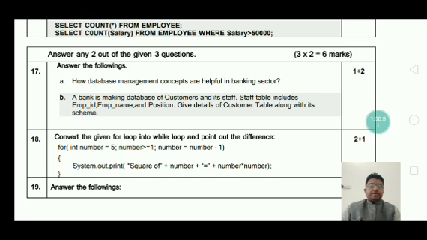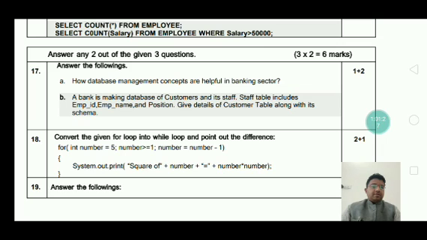Coming to question number 18. Convert the given for loop into while loop and point out the difference. So you have to convert this for loop into while loop. You have to follow the rules of writing while loop. That means just after the while keyword you have to place the condition. Within that you have to write the statement, and after that you have to give the increment.